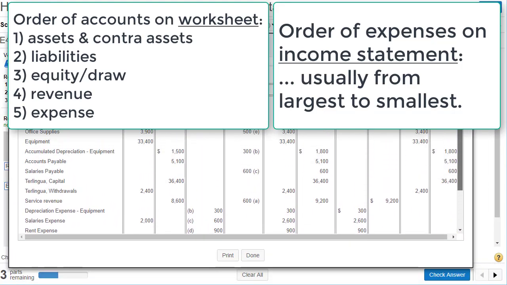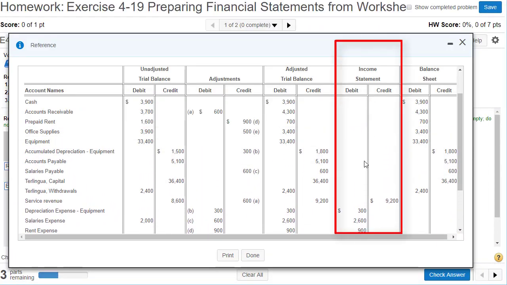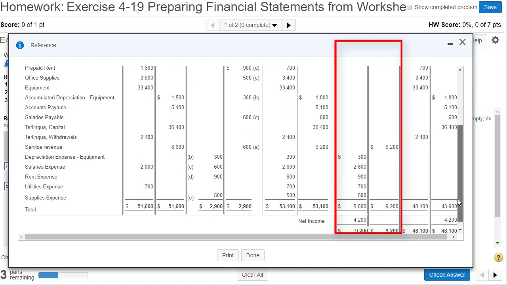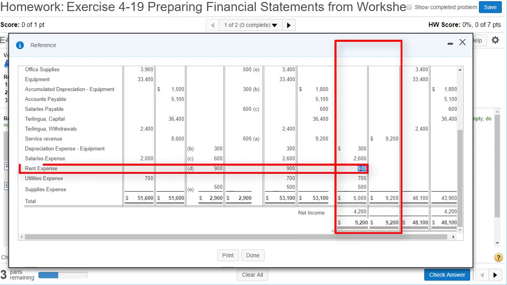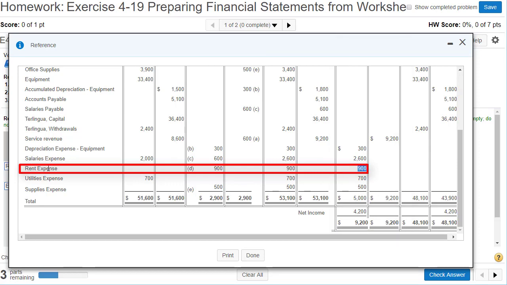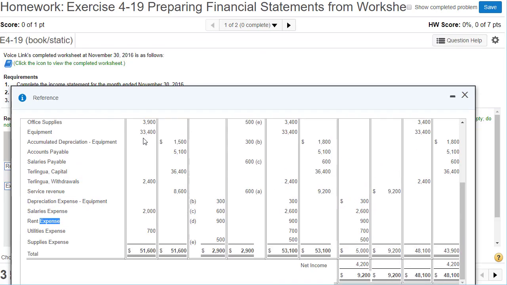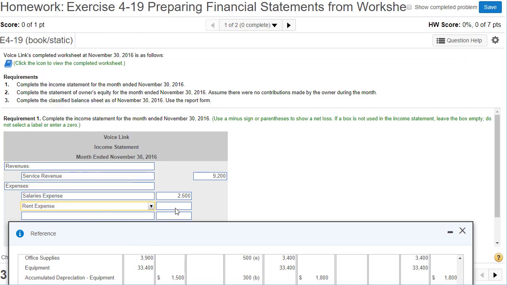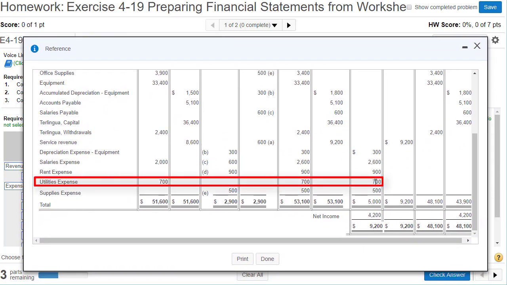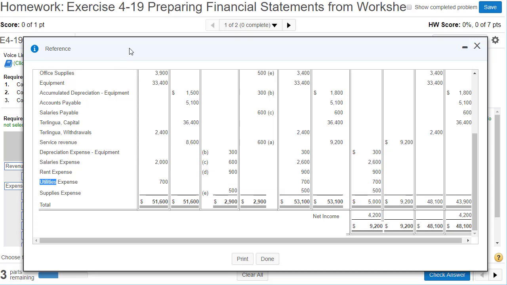And again, we're only using the income statement columns. And the debits are the expenses because expenses normally have a debit balance. So the next largest is $900 for rent expense. And then our next biggest is $700 for utilities expense.